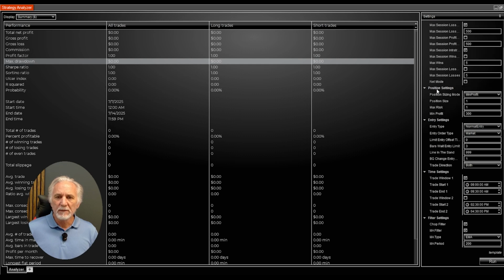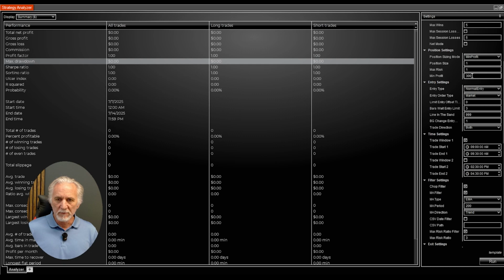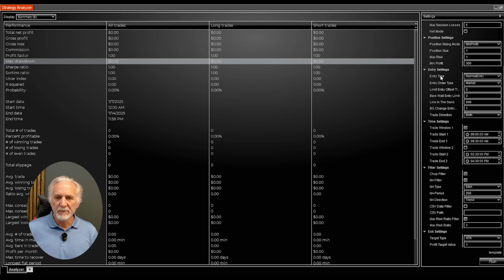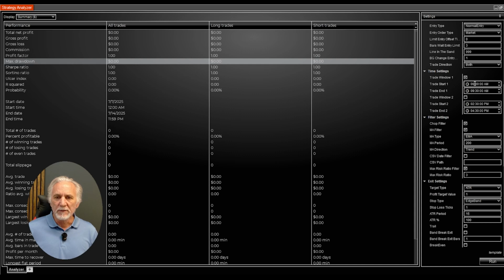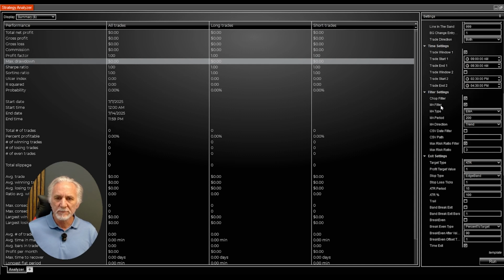Minimum profit on our contract sizing, we're going to do a minimum profit of 300. That's normally what we do every day, 2 to 300, kind of going back and forth. Normal entry, meaning as soon as the signal hits, we get in at market. Our times are 9 to 9:30.